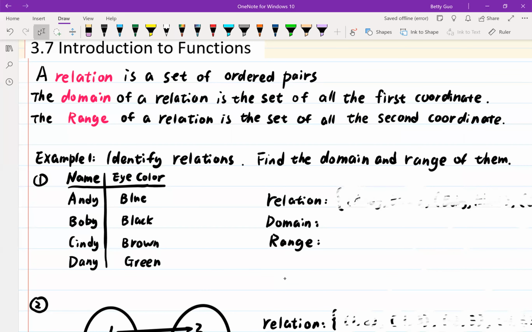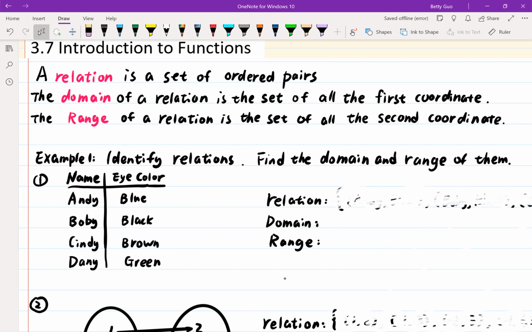The first column gives us a few names: Andy, Bonnie, Cindy, Danny. The second column has the corresponding eye colors for those people. Andy's eye color is blue, Bonnie's is black, Cindy's is brown, Danny's is green. That's what we have in this table.